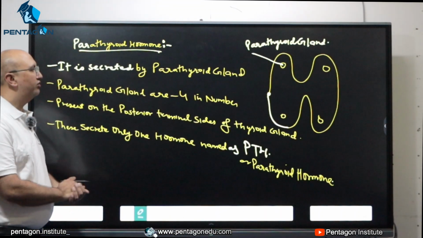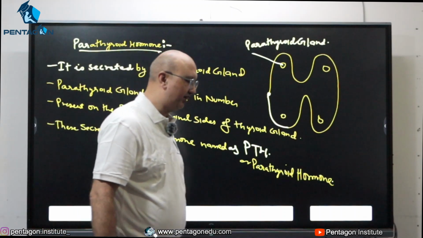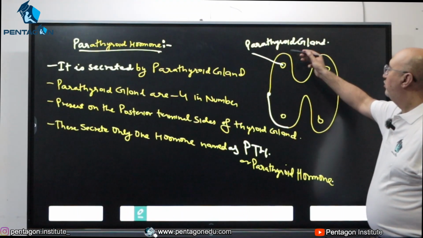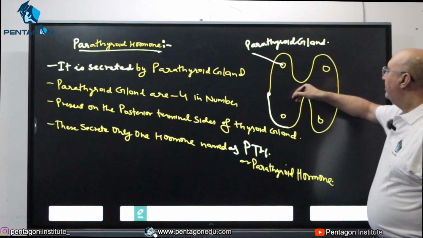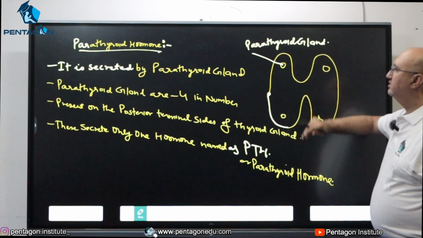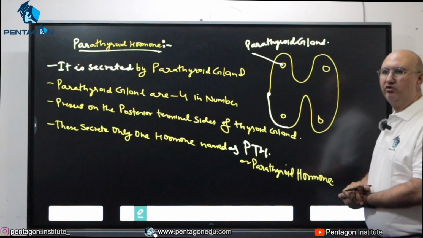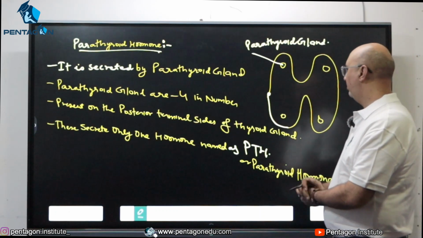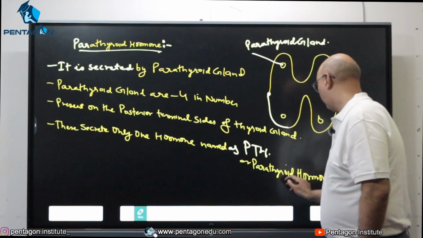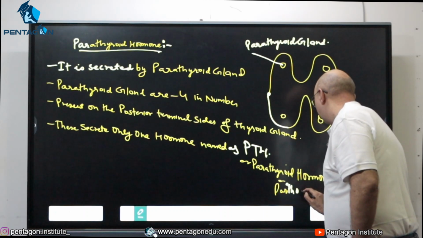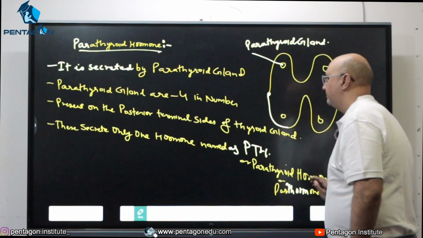So, as we know, there are 4 parathyroid glands on the posterior terminal portions of the thyroid gland. These secrete only one hormone, the parathyroid hormone or parathormone.